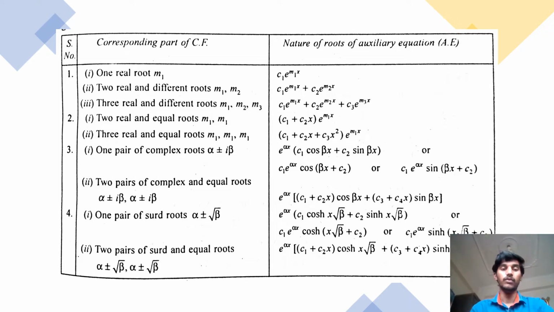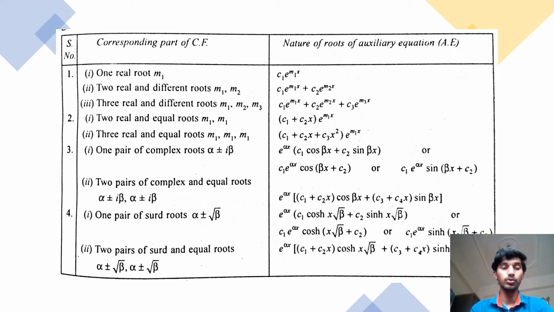If one pair of complex roots is given, alpha plus or minus i beta, then the solution will be e to the power of alpha x into c1 cos beta x plus c2 sin beta x.